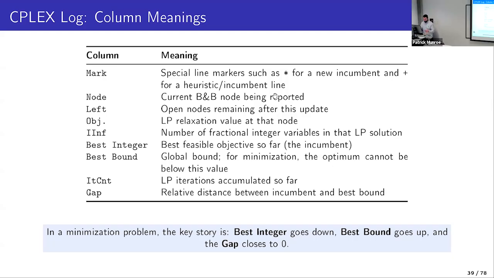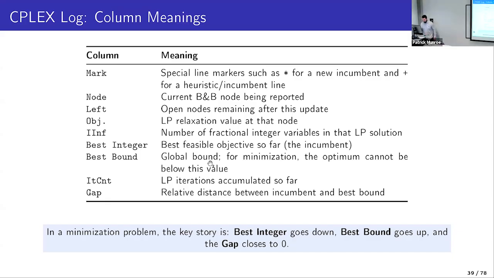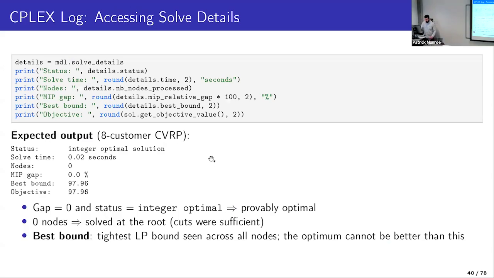But usually, if you don't tell CPLEX anything, it will use the heuristics by default. Other questions about the log? Something that you would like to know? No? Okay.